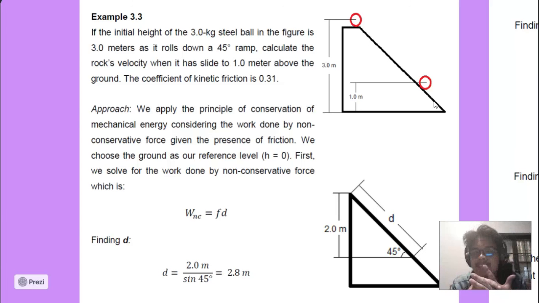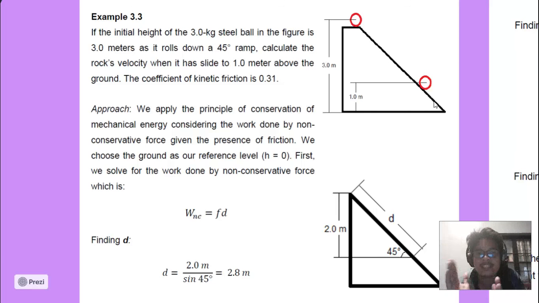The purpose of this one is for you to see how a certain change or certain situation can change or not change the final output or the final values na hinahanap natin, in which titingnan natin dito is the rock's final velocity or the velocity at 1 meter height.